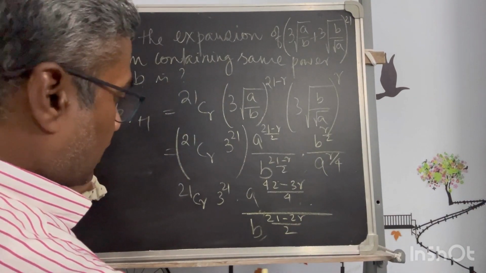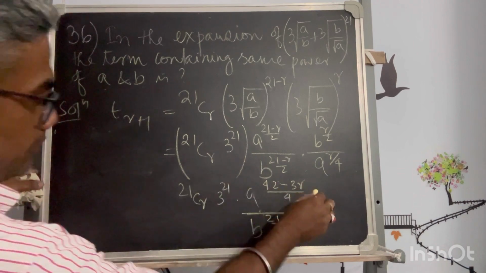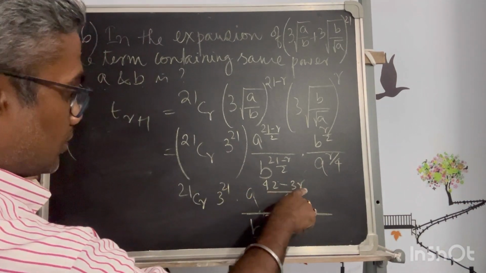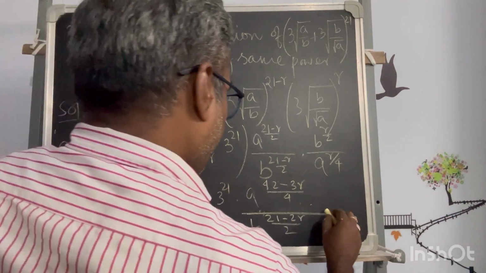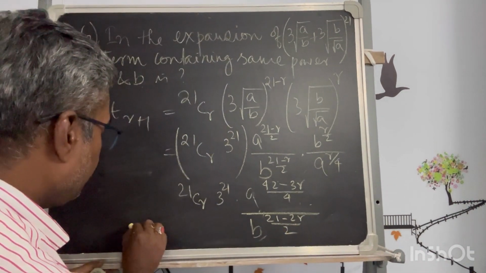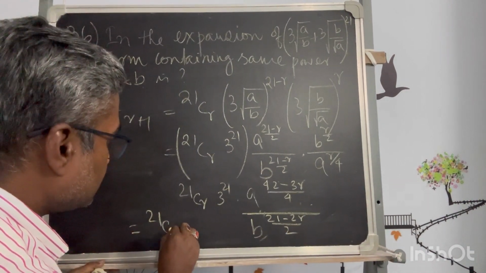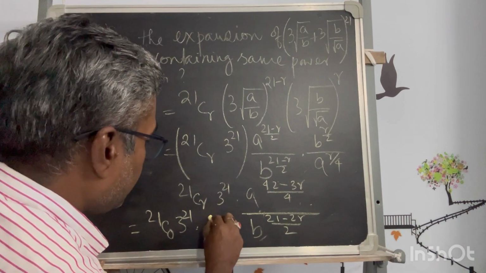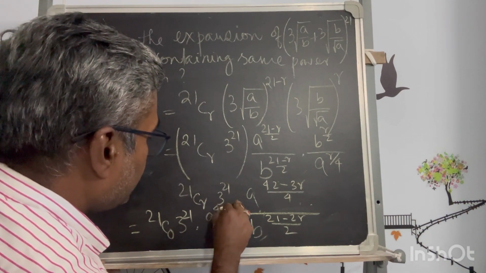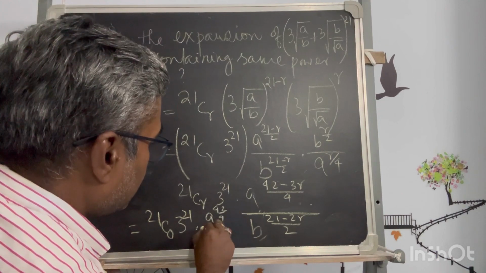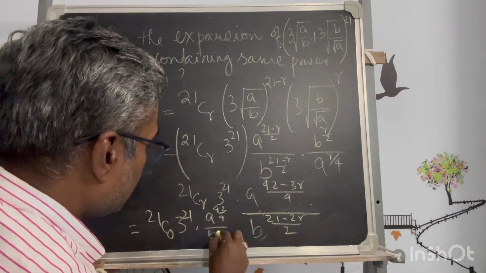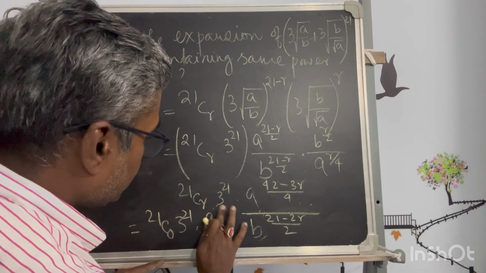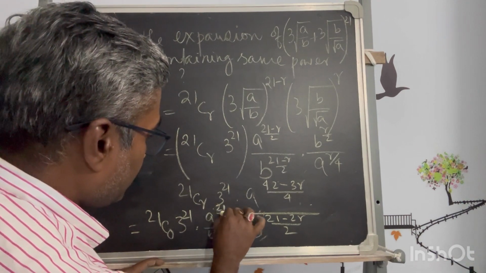So now if I put r equal to 0 here, the term will become 21C0 times 3 to the power 21, and the A power will become 42 by 4 and the B power will be 21 by 2, or you can reduce it to 21 by 2.